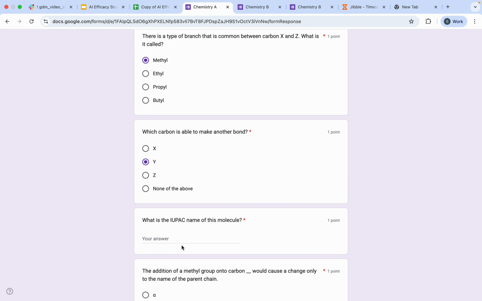What is the IUPAC name of this molecule? Okay, so the IUPAC name of this molecule is methyl methane.